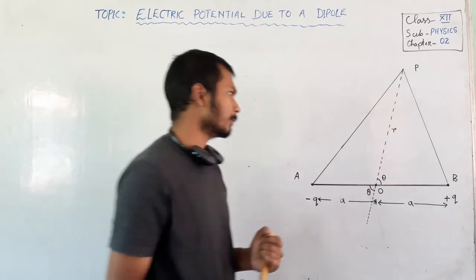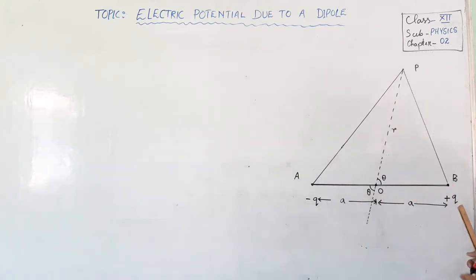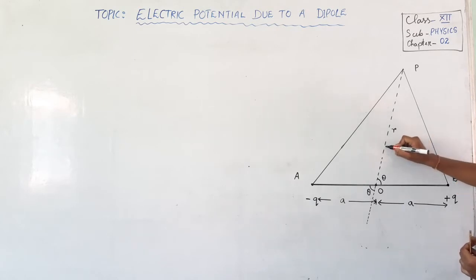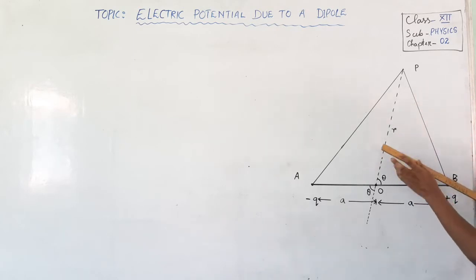Now you do one thing: draw a perpendicular from this point to this line.